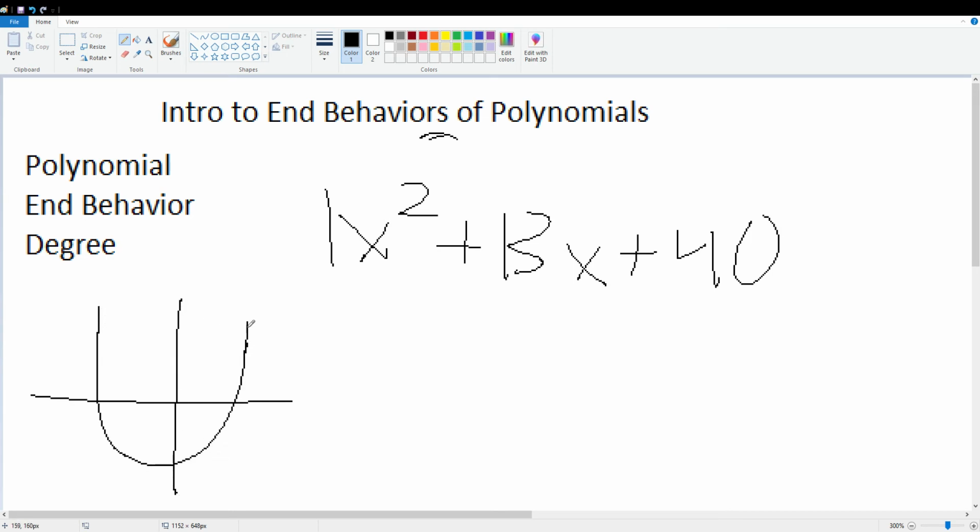Of course, it's not exact, but it is relatively what the graph should look like. As you can see, as x approaches positive infinity, f of x essentially approaches also positive infinity on the y-axis, and as x approaches negative infinity, it will approach positive infinity.